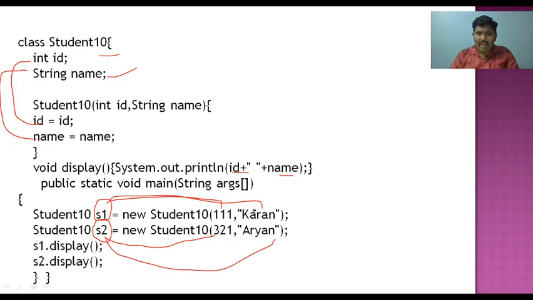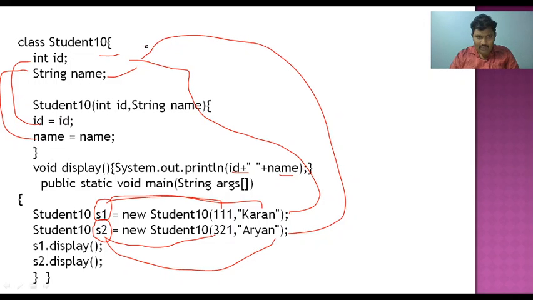So whatever values we are storing, these values are stored in these particular id and name variables. Both objects we are creating, and the values will be stored inside these id and name variables. So if you call s1.display, the display method is printing id and name.